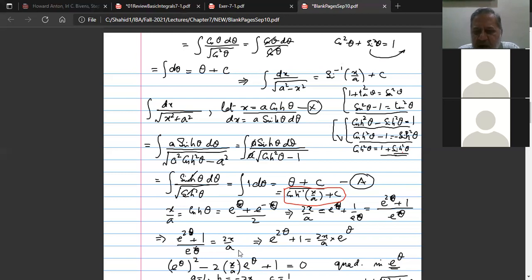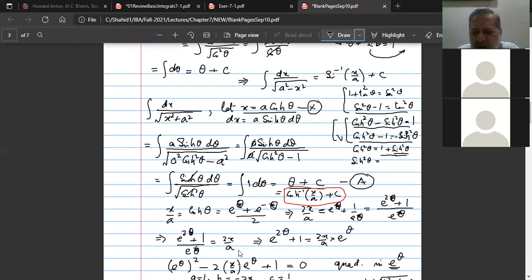What else can the minus sign be given to? Sin hyperbolic square theta is equal to ... I did it correctly: squaring sin hyperbolic gives positive, and the 1 came to this side so it became minus.